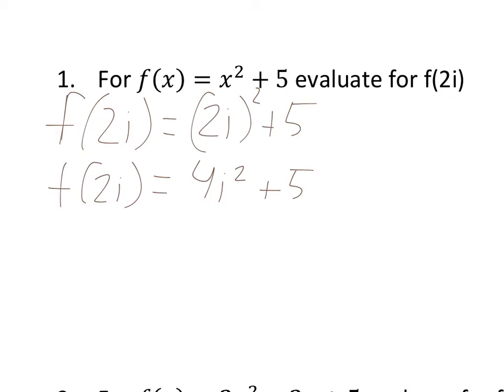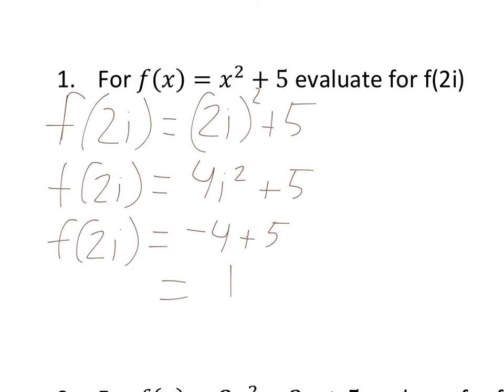We should know by now that i squared is the same as minus 1. So this is really the same as negative 4 plus 5, well, that's going to be equal to 1.